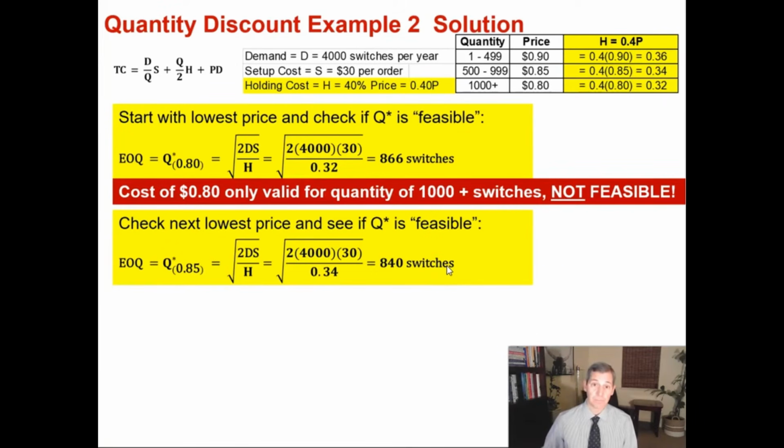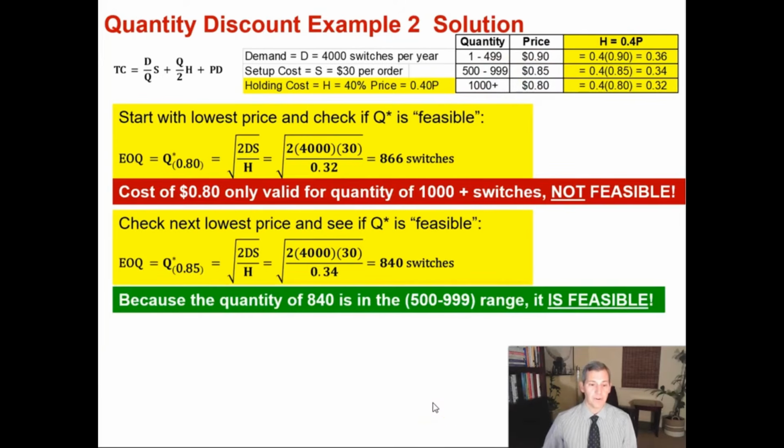Does this work? It does. You can buy 840 switches for 85 cents. That is in the viable or the feasible price break range. 840's in that range. So that works. But there's one more price, so let's check it.